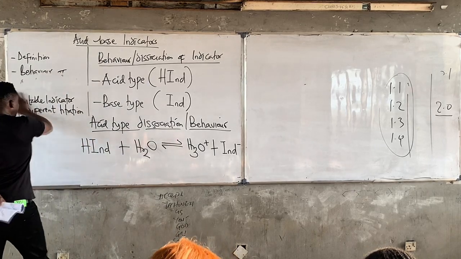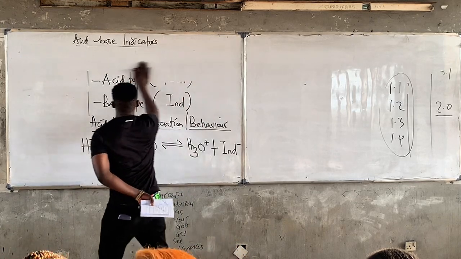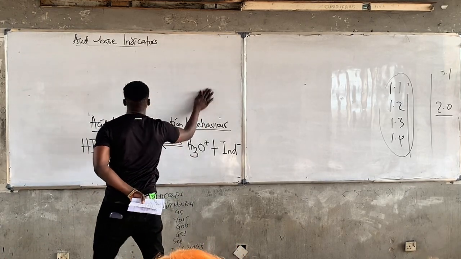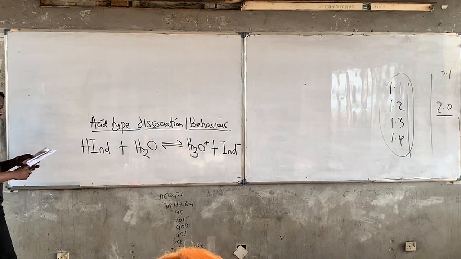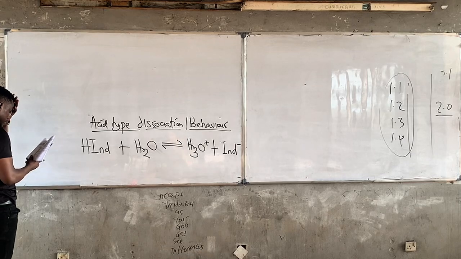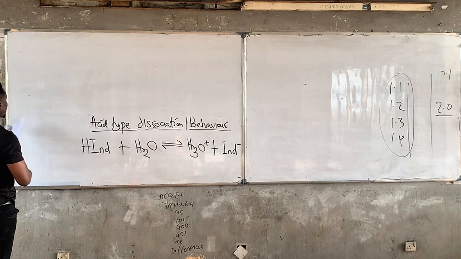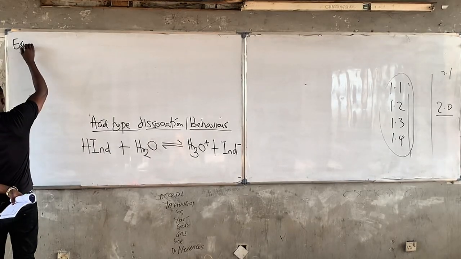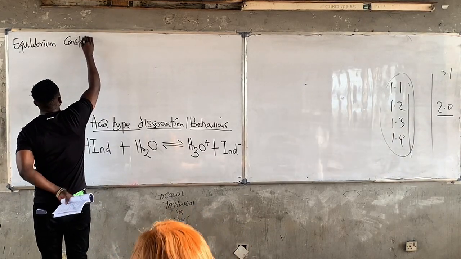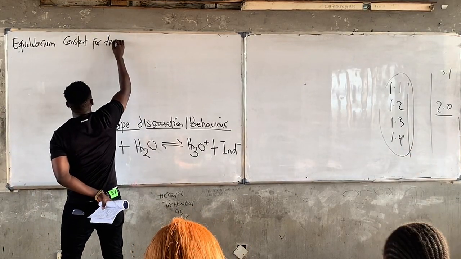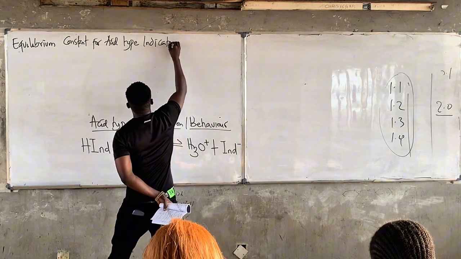So the next thing we're going to look out for, class, is equilibrium constants for acid type indicator.